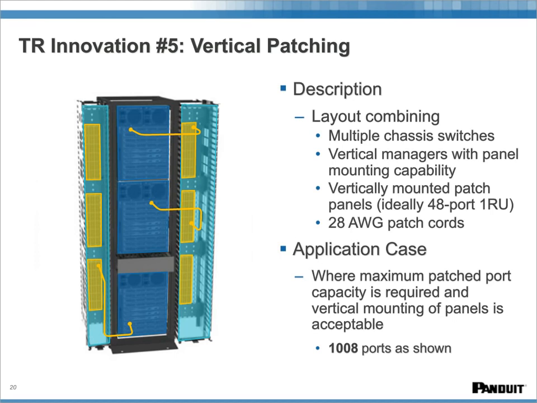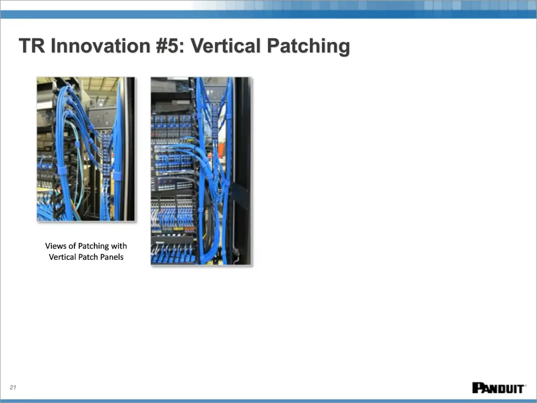Now, looking at what this looks like for the vertical manager element, or the vertical patching element, because this tends to be one of the new things. Here you can see in these two pictures the panel mounted vertically, and to some degree the challenge that comes with the patching in this case.